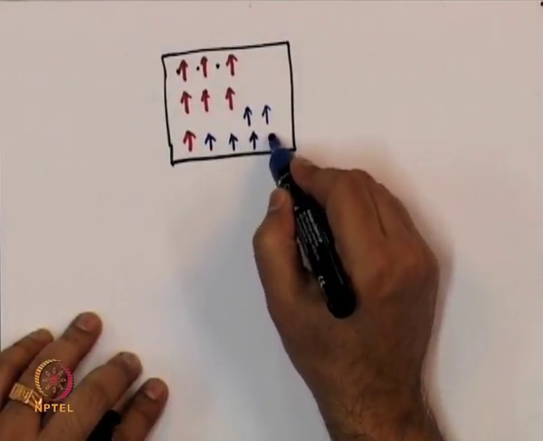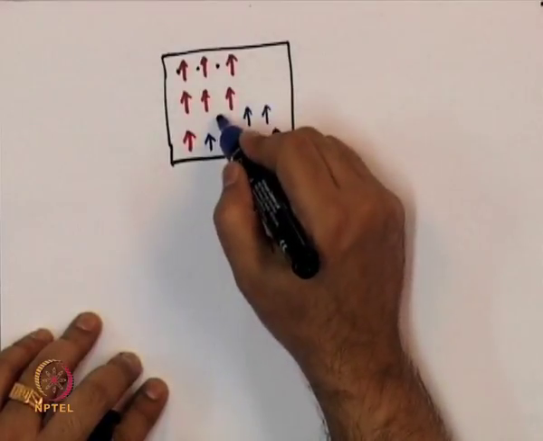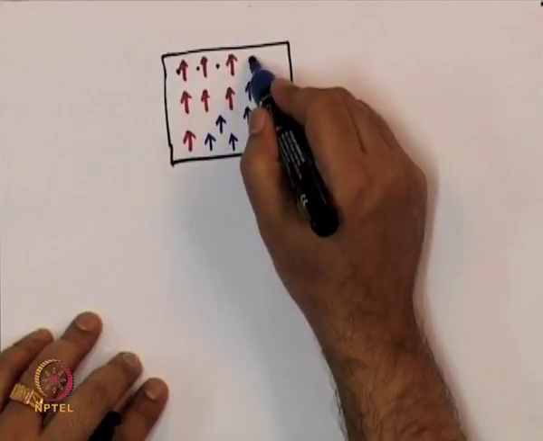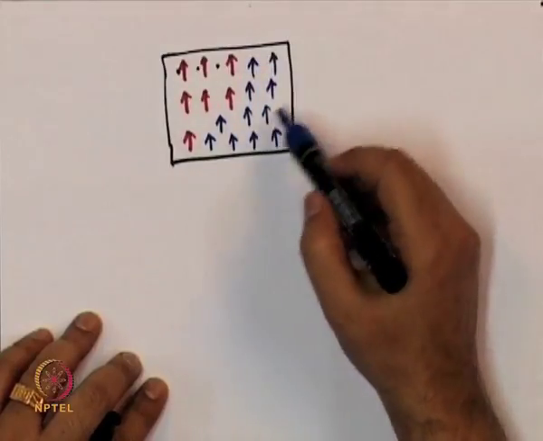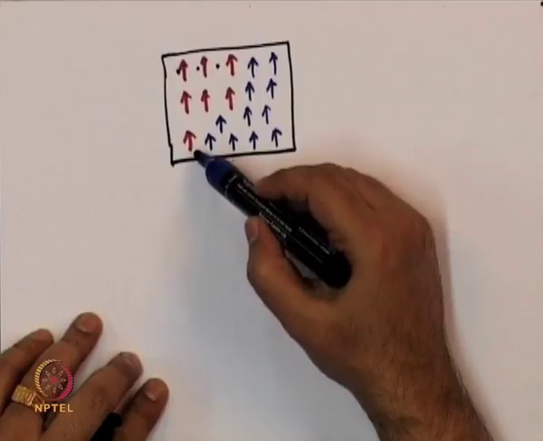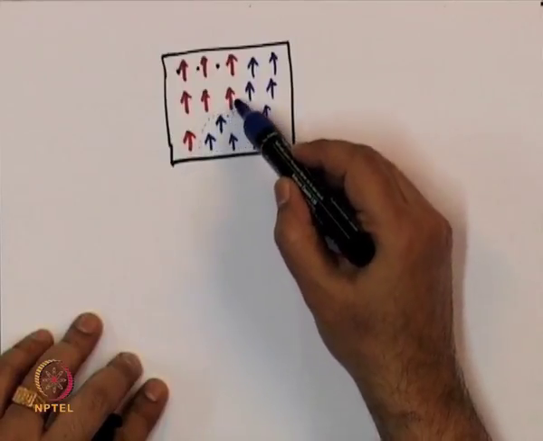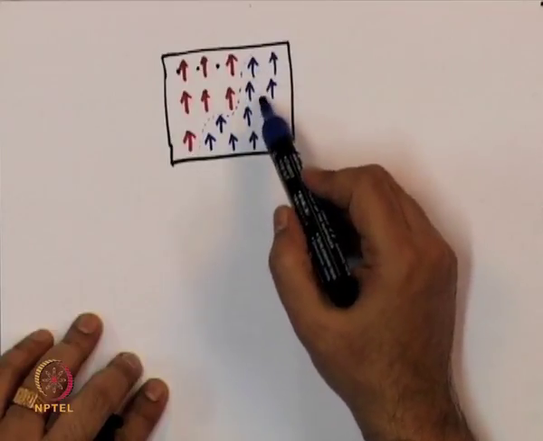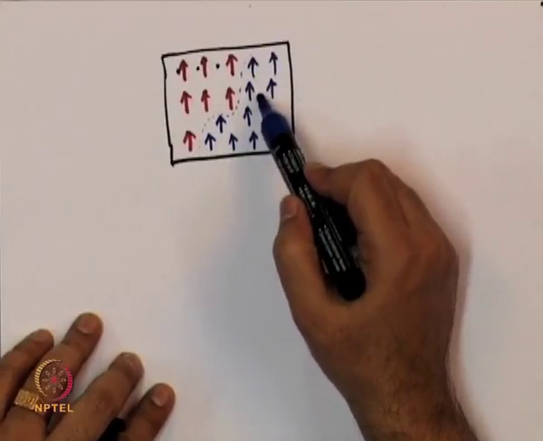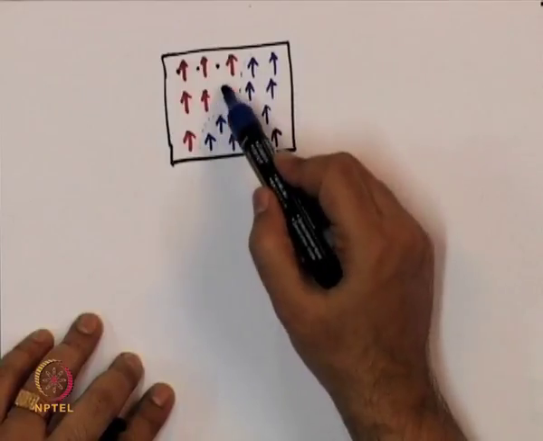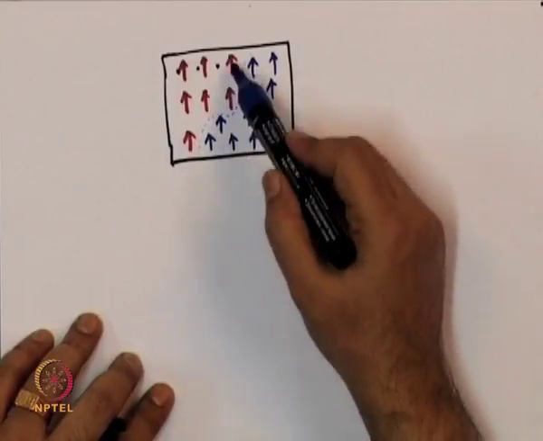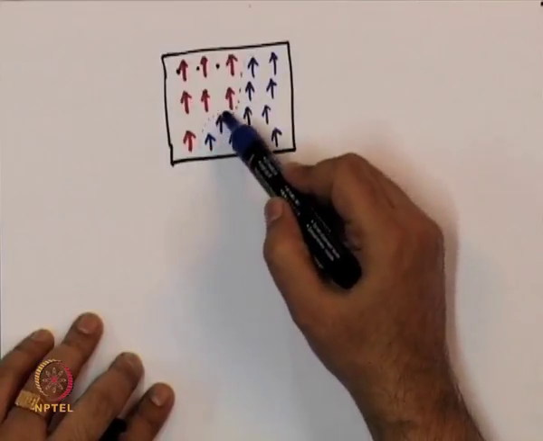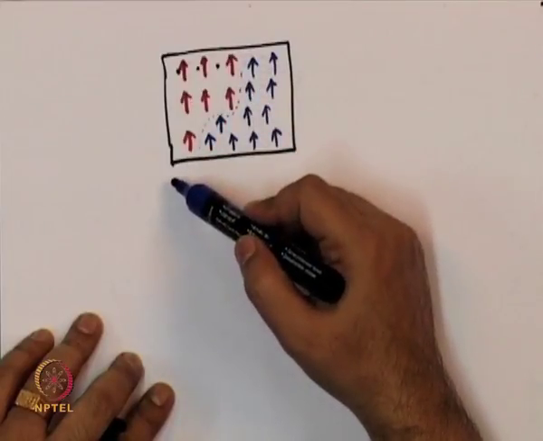You will see a region where two ordered domains meet, and in between them you will see a domain wall, where the body centered atoms are occupied by blue here and by red here. So when you form this region, those unit cells will have unlike neighbors. That is like the interface, and that has higher energy.